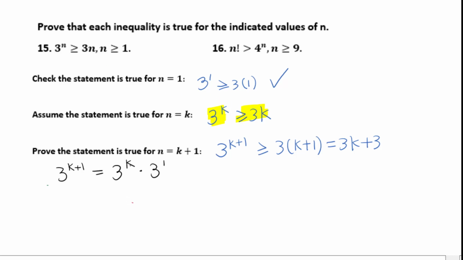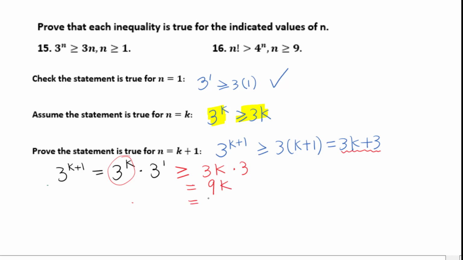So 3 to the k's power times 3 will be greater than or equal to, I change this into 3k, 3k times 3. I need to create 3k plus 3. 3k times 3, we can get 9k.